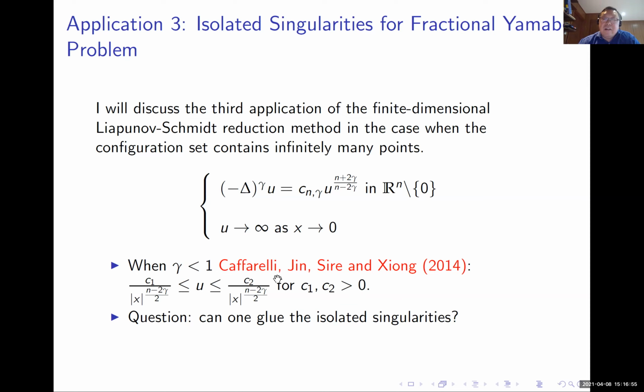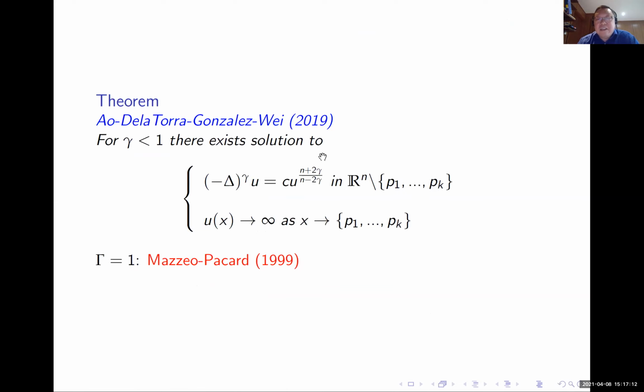Now, the isolated singularities are completely different from the Talenti bubbles. These are isolated singularities. How do we glue the isolated singularities? And the answer is yes. Given any arbitrary points, we can glue a finite number of isolated singularity points.